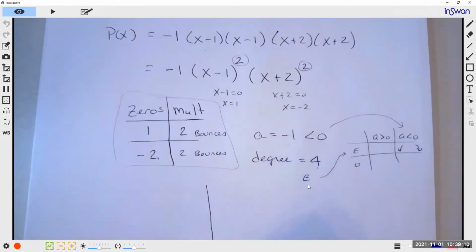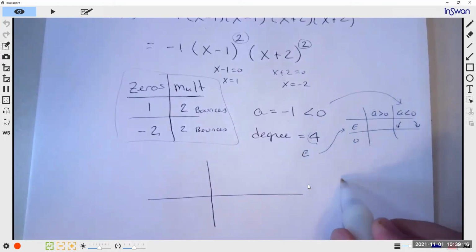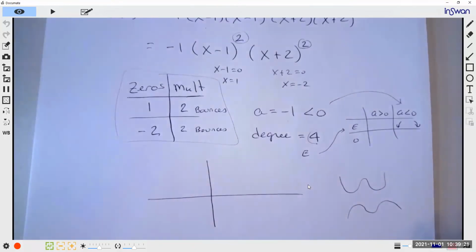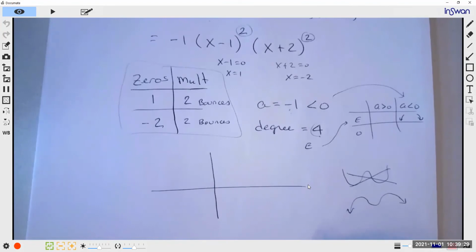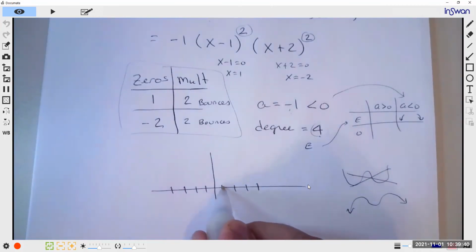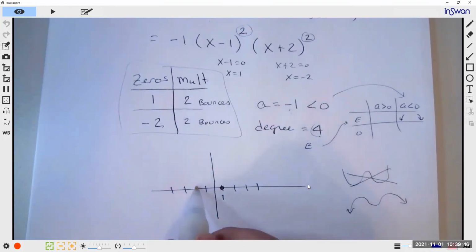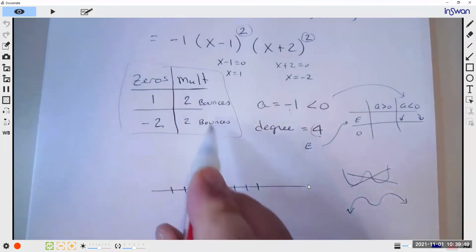All right, so we know what our graph is basically going to look like. It's a fourth order equation, so it's either going to look like this or like this. Since A is negative, it has to point down. The zeros are at +1, it bounces, and at -2, and it bounces.